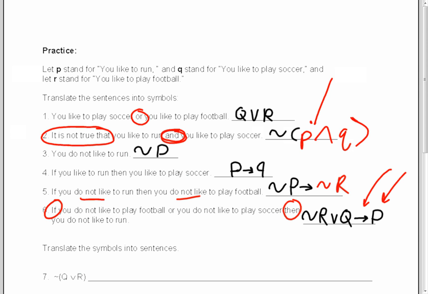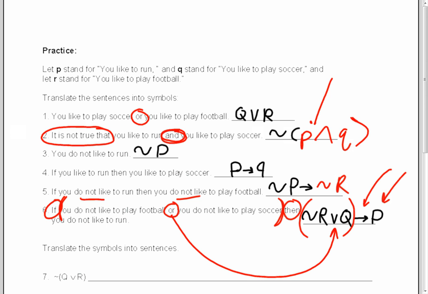If you have more than one idea in a hypothesis or a conclusion part of an if-then statement, you've got to give it parentheses. We put the parentheses around both ideas. It's kind of like putting it here and here. It's still or. We still have the V in between.